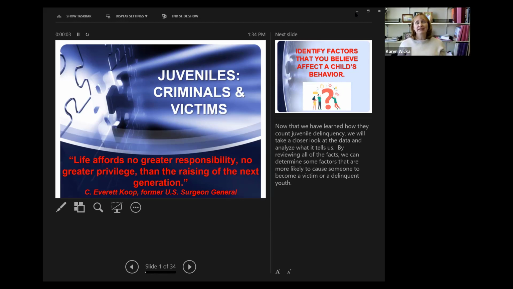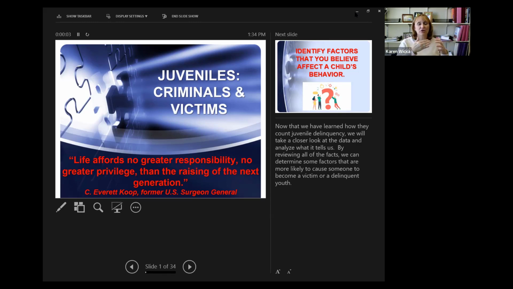So please remember that risk and protective factors do not always mean causal factor. Some of you may see some of these factors that happened in your life and you'll be like, yeah, but I didn't become delinquent. Well, that's true, because not all of these factors absolutely lead to delinquency.